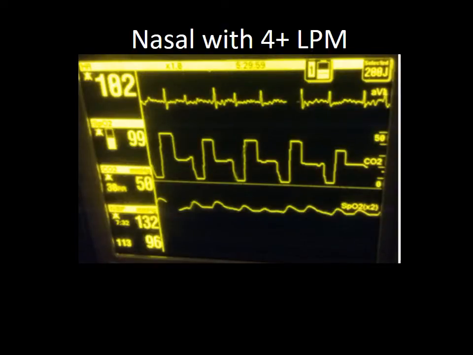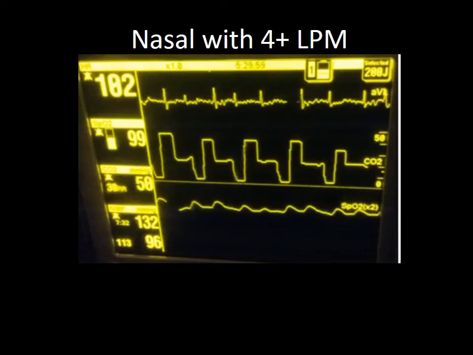This is another type of wave, and I haven't seen this with the newer monitors, but you may see it. Remember that those nasal cannula capnography sensors, you can sometimes flow oxygen in with it as you're sensing.